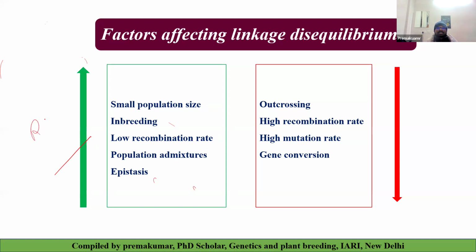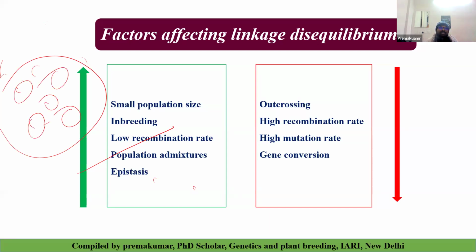For example, in rice we get nearly 500 kb of LD. This shows LD is very high in a self-pollinated crop. And population admixture we are going to discuss: there may be subpopulations within the population.